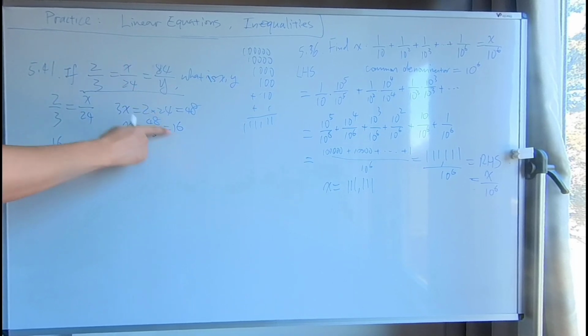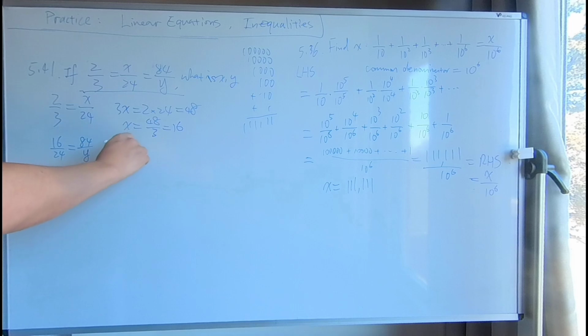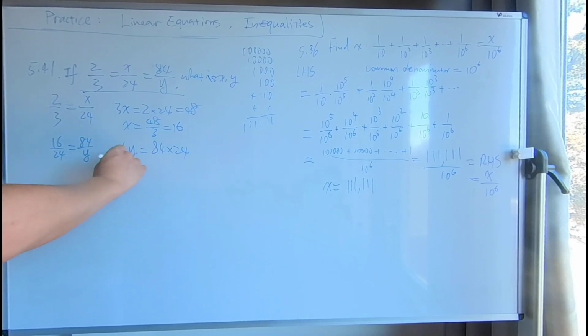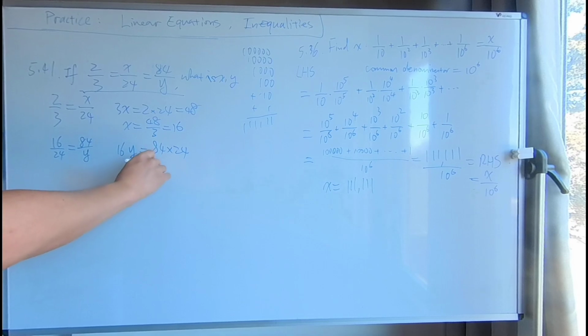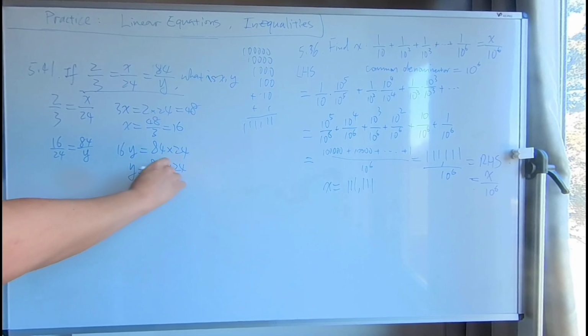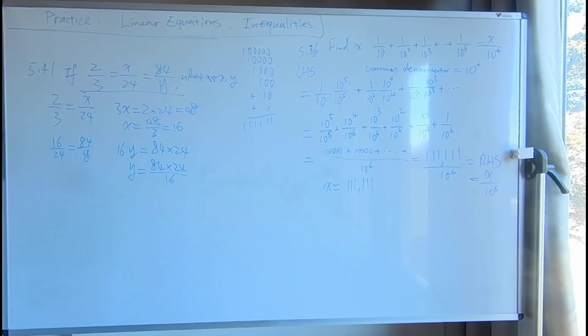Now I have solved x already, so let's check the second part of the equation. x can now be replaced by 16. So I have 16 over 24 is 84 over y. You can either simplify it at the beginning, or let's just do the cross product first and write out the unsimplified solution, and then do the simplification in the last step.